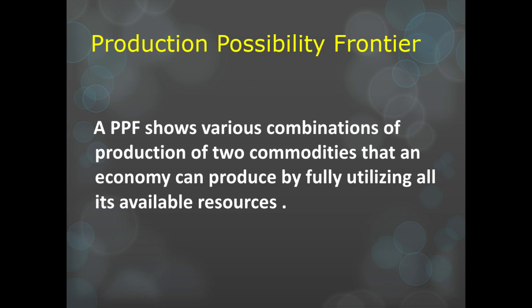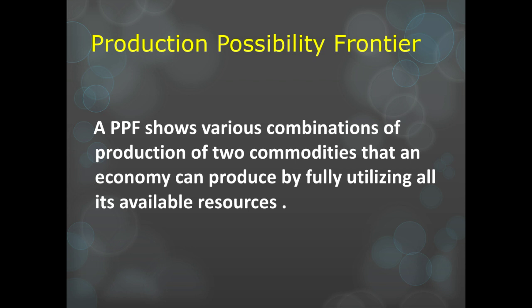A graphical representation of these combinations is known as production possibility frontier. The first and important assumption is that the economy is producing only two commodities.